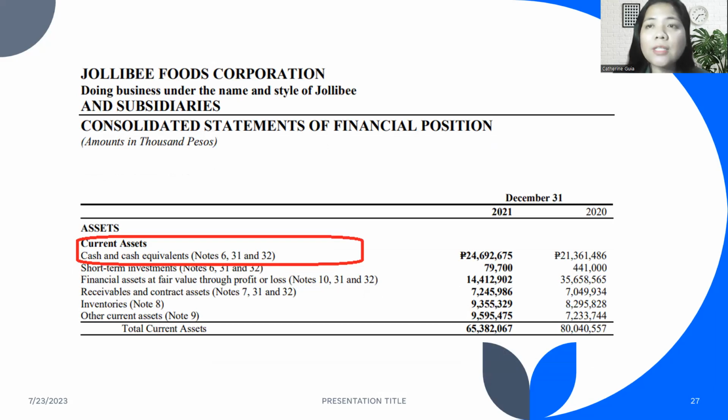So you can see in the consolidated statement of financial position, the cash and cash equivalents appeared as the first line item under current assets. And there are parentheses, notes 6, 31, and 32, meaning the details can be found in notes 6, 31, and 32.